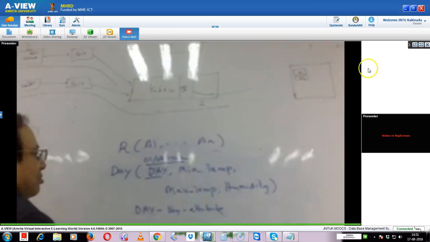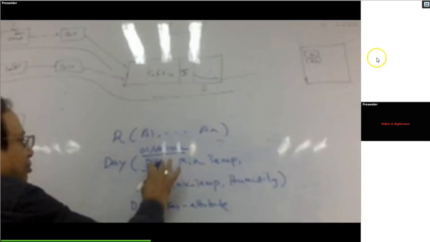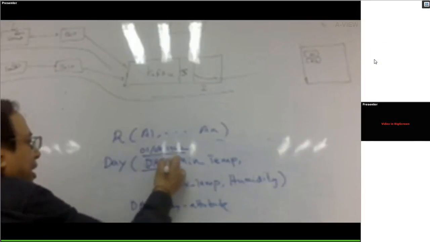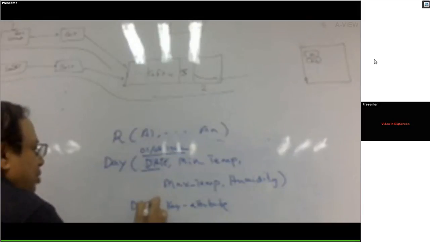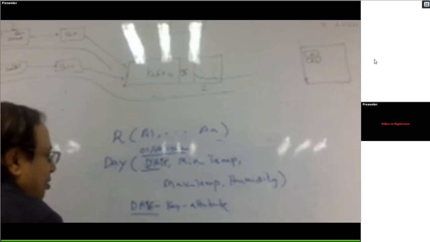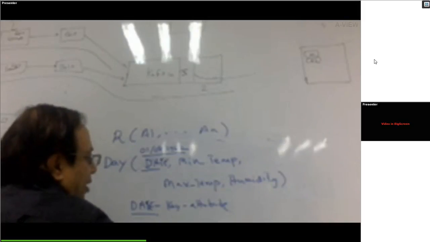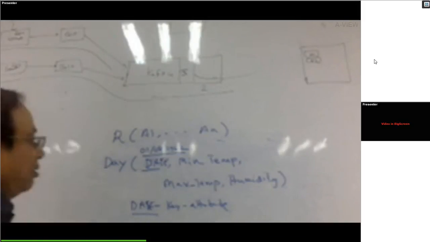So you can define all these attribute domains, and then you can define the day as a relation. Here instead of this clashing with the name, you can say date, and date becomes the key attribute. And then date plus minimum temperature becomes the super key. Any of this can become the super key.